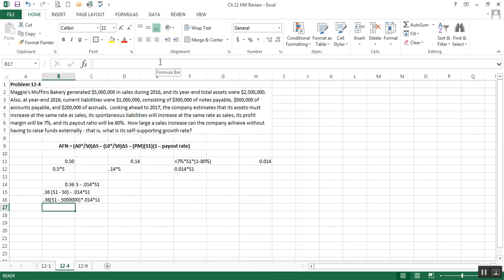And then that's going to equal 0.36 S1 minus 1.8 million minus 0.014 S1. Okay, that is calculated, the 1.8 equals 0.36 times 5 million. There's the 1.8.